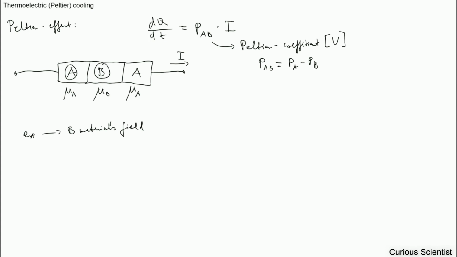That means that they have to pick up energy, and how they pick up energy is they get it from the material, so from the lattice vibrations, for example. You are in the A material, let's say this is the energy, and then suddenly you are at the B, so the electron energy will be like this.